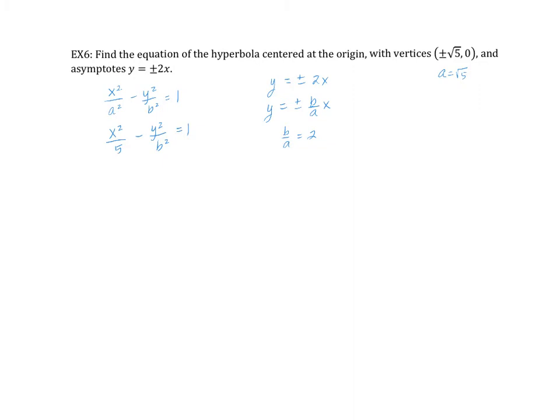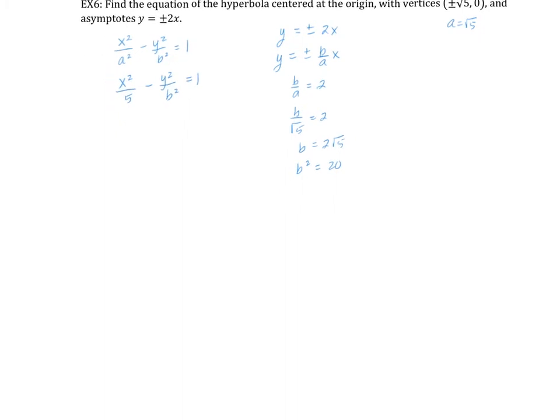And I already know that a is the square root of 5. So my b value is going to be 2 times the square root of 5, which tells me that b squared is 4 times 5, or 20. And then I'm pretty much done. All I have to do is rewrite my equation, which is x squared over 5 minus y squared over 20 is equal to 1.